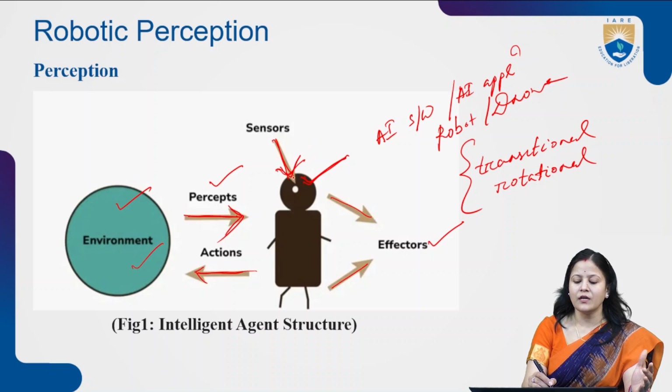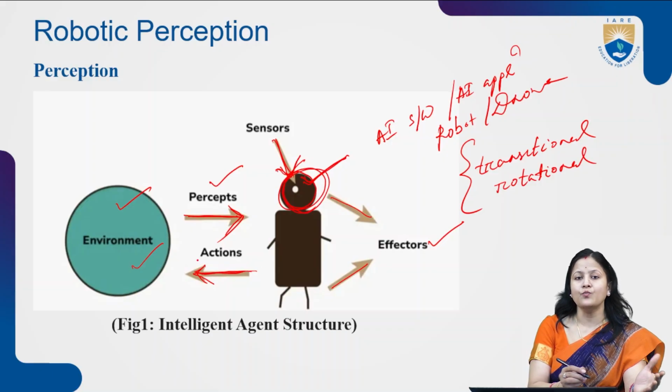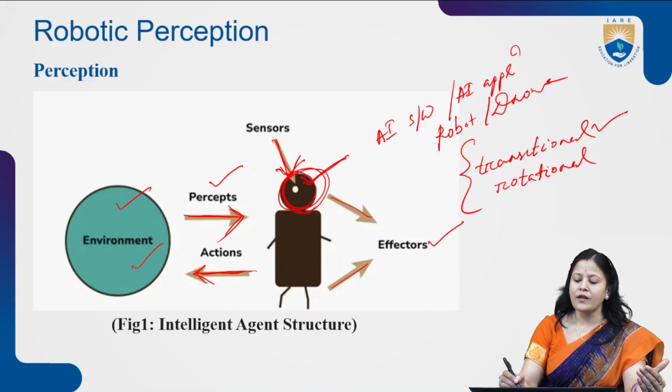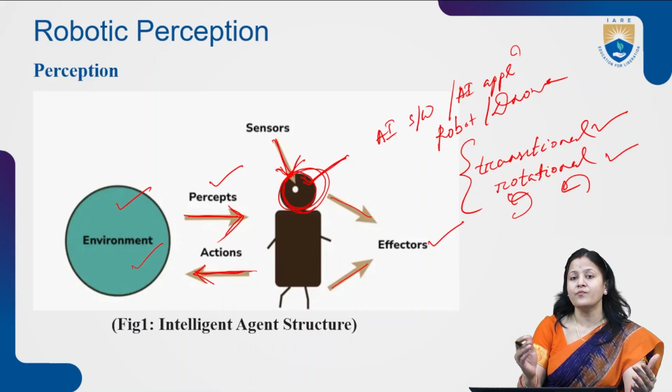After receiving the data, it processes or reasons on it, then performs the action: either it moves in two-dimensional or three-dimensional space, which is the translational movement, or it can rotate around the x-axis, y-axis and z-axis, which is the rotational movement. Through effectors, it can move an object, hold an object, or tighten an object.